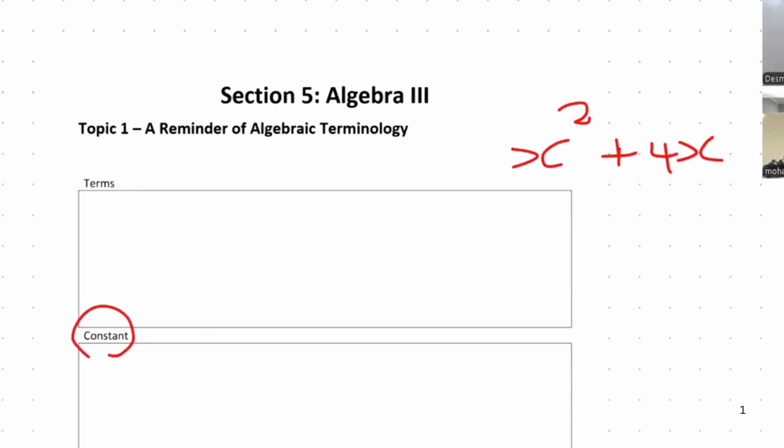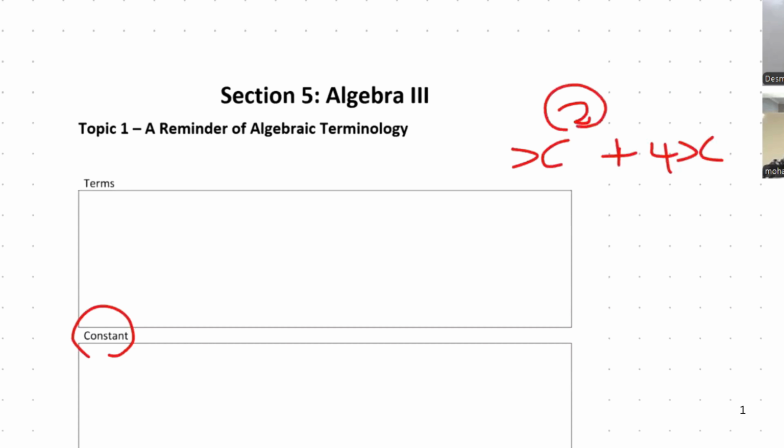It must be by itself, not with letters. So with that information, conclude what could be the constant of this expression. 2, the exponent there? No, it can't be. Then what would it be?